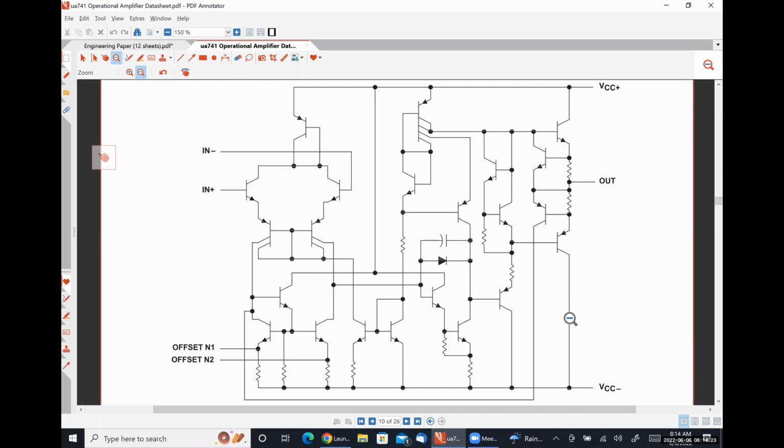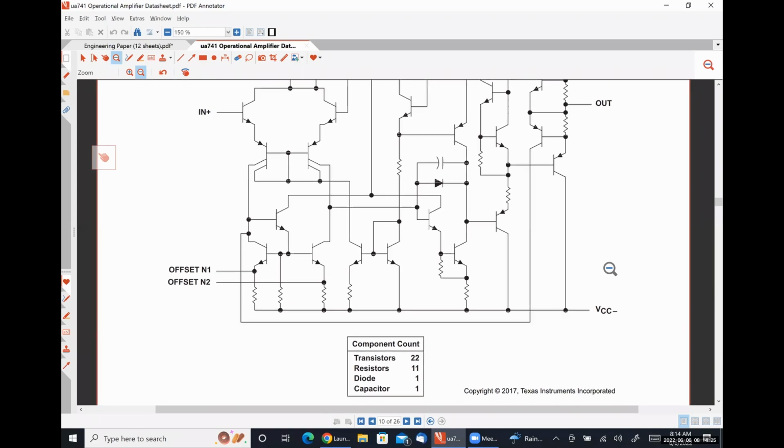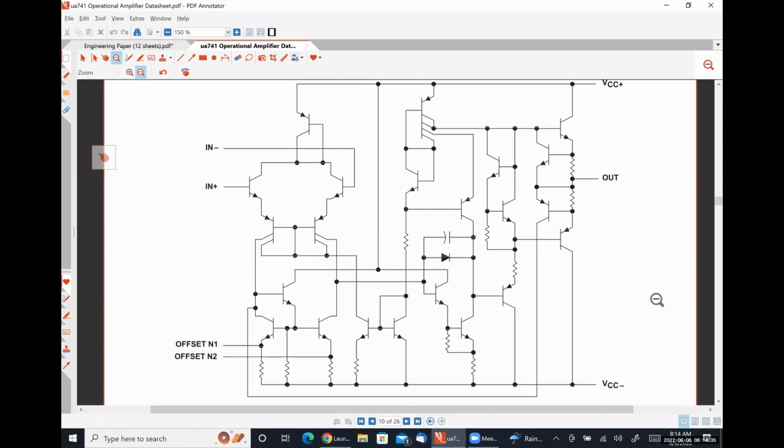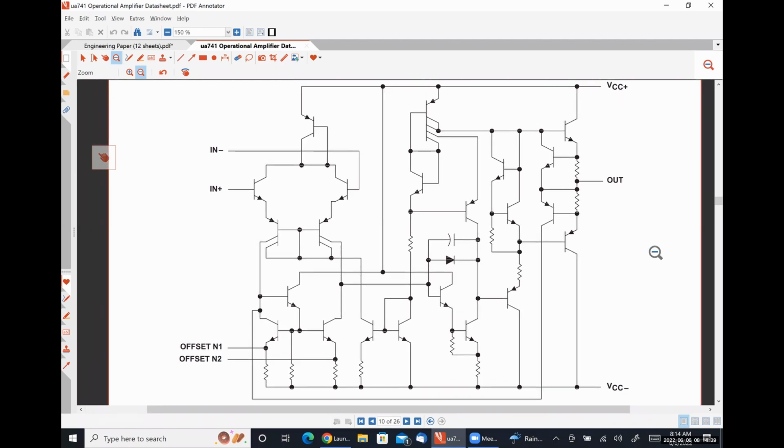This particular circuit, if I scroll down here, contains 22 transistors, 11 resistors, 1 diode, and 1 capacitor. Analyzing a circuit of this complexity, even though this is a simple operational amplifier, is well beyond the scope of this class.